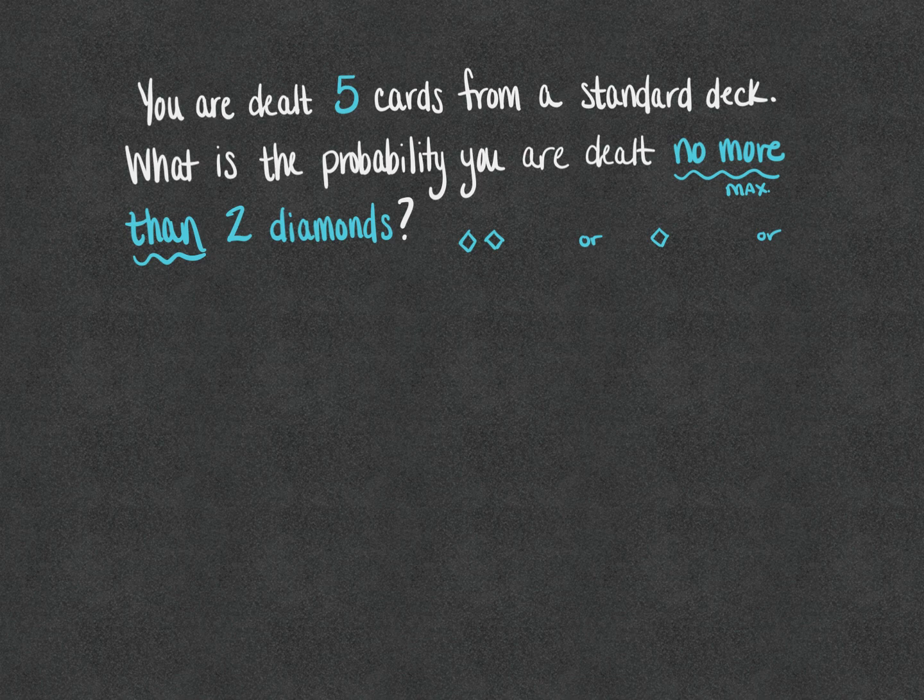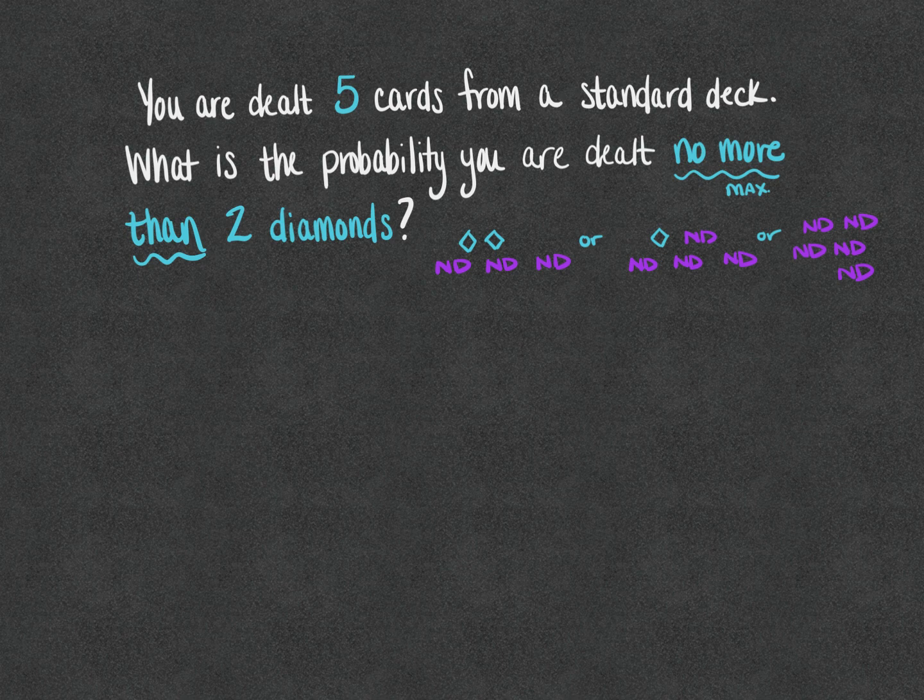So I'm going to put in ND for not a diamond, not a diamond, not a diamond. If I have 1 diamond, I would have 4 cards that are not diamonds. Or if I don't have any diamonds at all, I have 5 cards in my hand that are not diamonds.